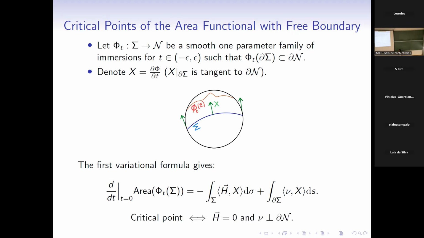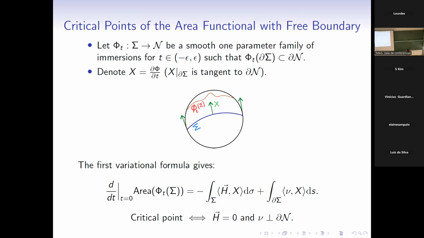So this tells us that your surface is a critical point for the area functional with the free boundary condition if and only if the mean curvature vanishes and the conormal is orthogonal to the boundary of your ambient space. So it's exactly the geometric definition that we have.